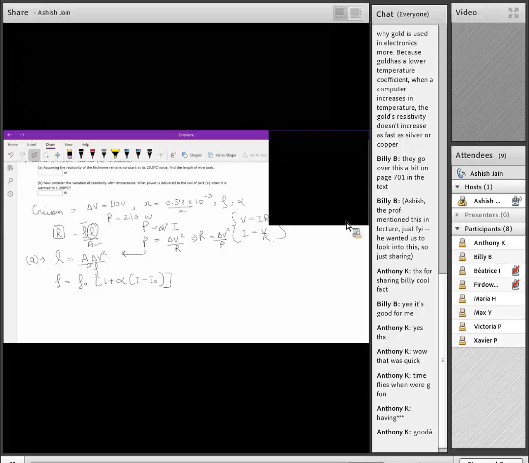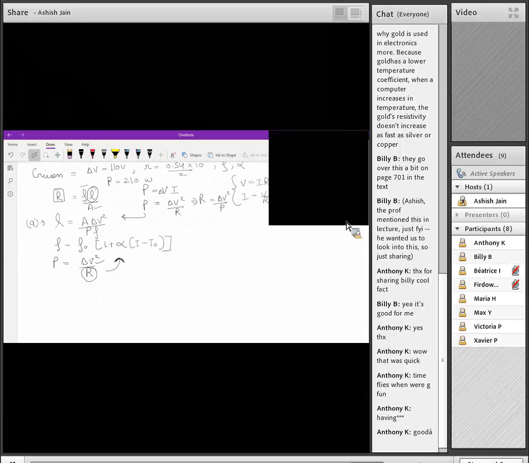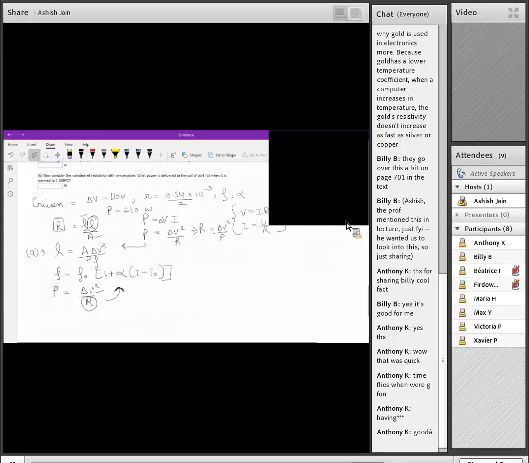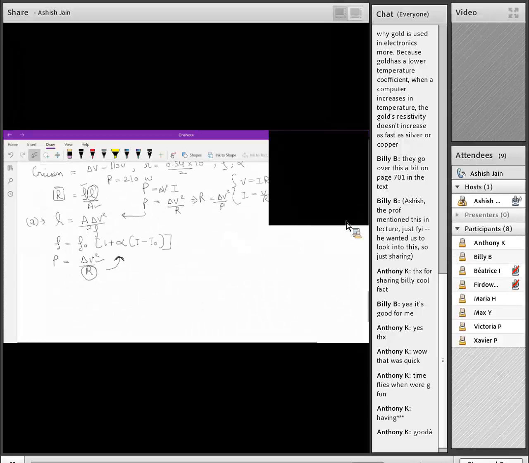And it asks what power is delivered to the coil when it is warmed to 1200 degrees Celsius. Now you know, if you change the temperature, your resistance changes. That means if you have to calculate power, you have V, but you don't have R. You need to find R, and R changes due to this equation, right?